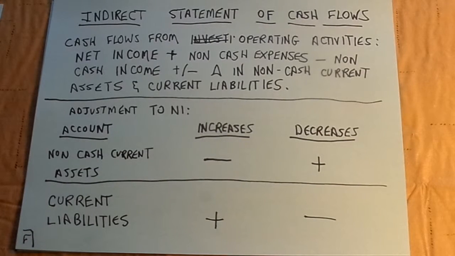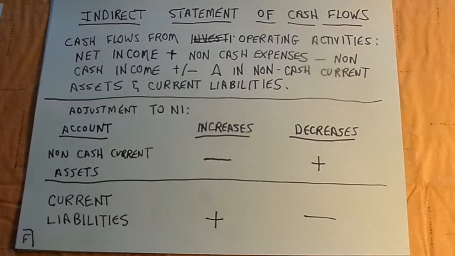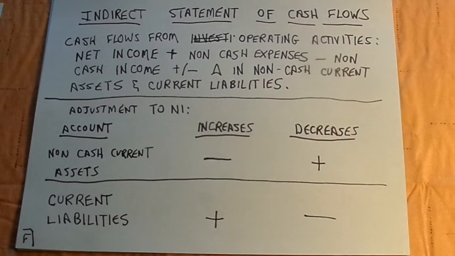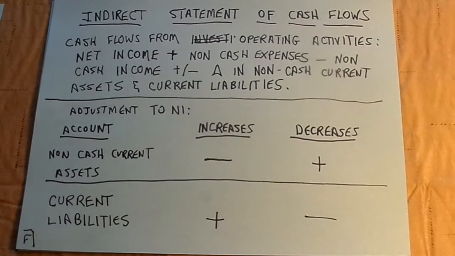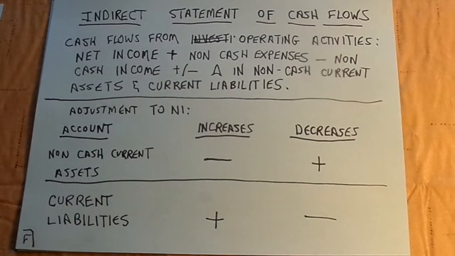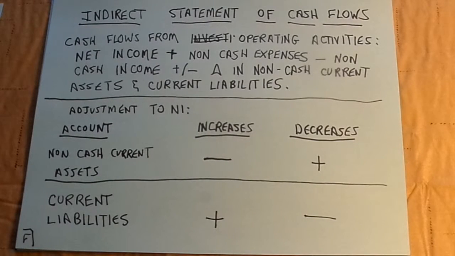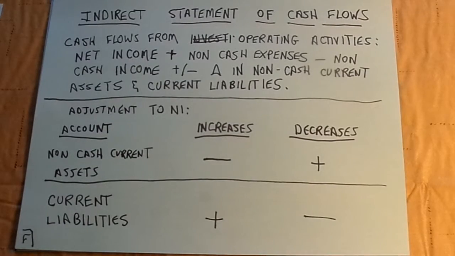With regard to current liabilities, if there's an increase in these from one year to the next, we add this to net income. And if there's a decrease from last year to this year, then we're going to subtract the difference from net income. And that'll be our cash flows from operating section of a cash flow statement.